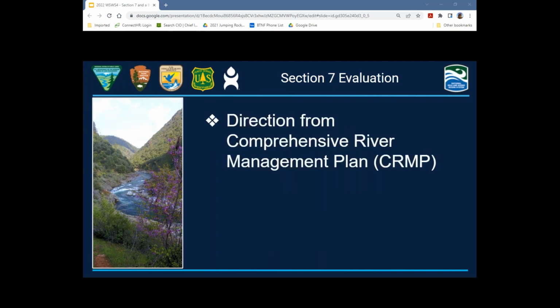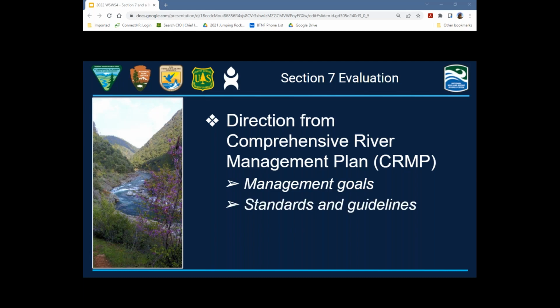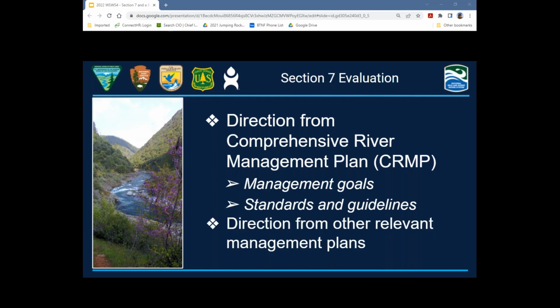For the Section 7 evaluation, and to ensure the project fits within current management direction, itemize all relevant management guidance. Relevant guidance might include goals, standards, and guidelines from the Comprehensive River Management Plans, the CRMP. Relevant guidance might also be found in forest plans, resource management plans, park plans, refuge plans, you name it.